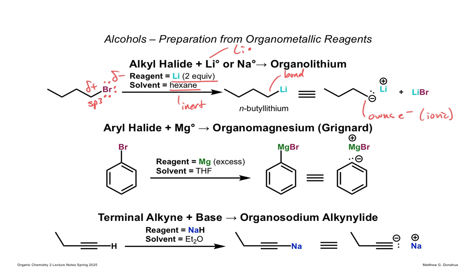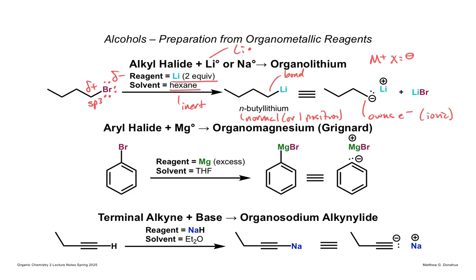So that's that form M plus and then X minus. And so that's called n-butyllithium. N means normal, or one position. So depending on where you generate the carbanion on the chain, they'll have different prefixes.